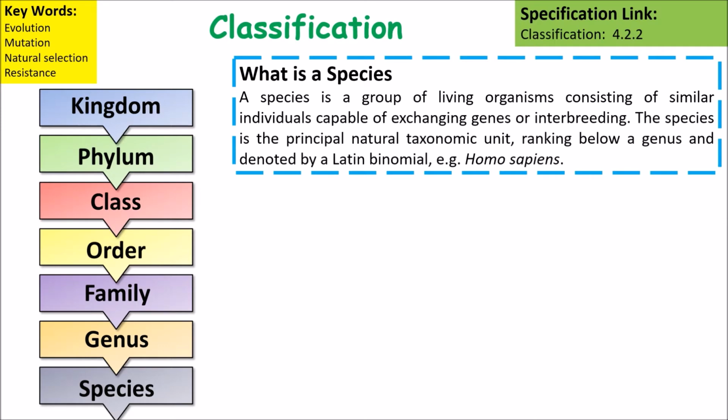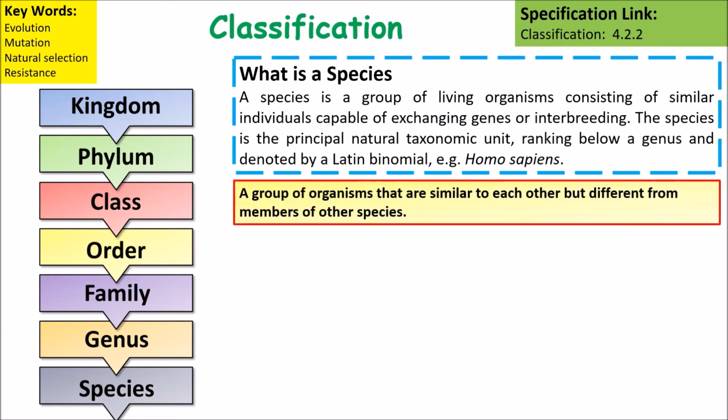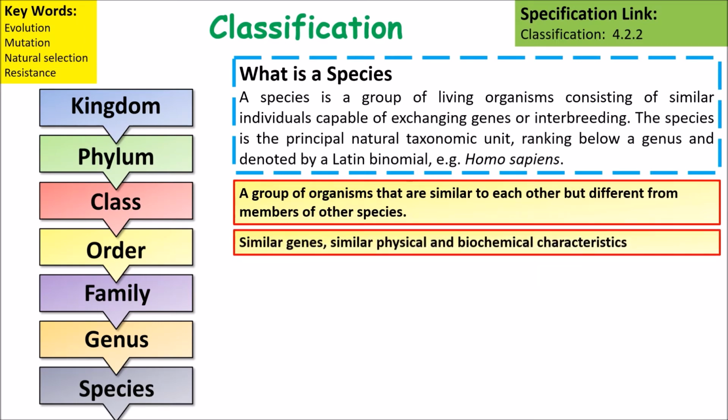A species is a group of living organisms consisting of similar individuals capable of exchanging genes and interbreeding. So a group of organisms that is similar, we call a species, like we've just said. They've got similar genes, similar physical characteristics, and similar biochemical characteristics.